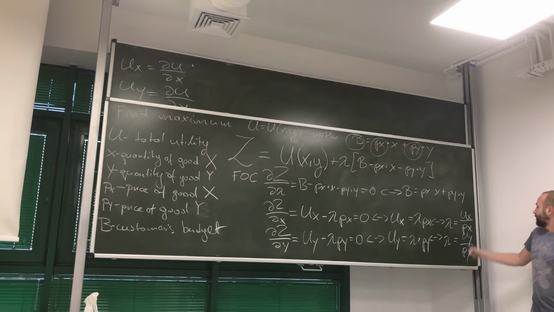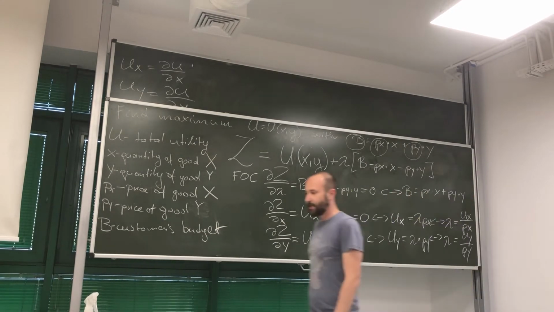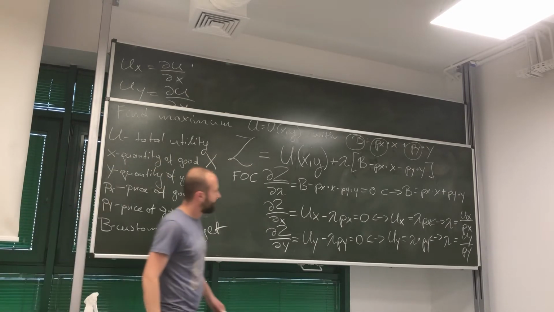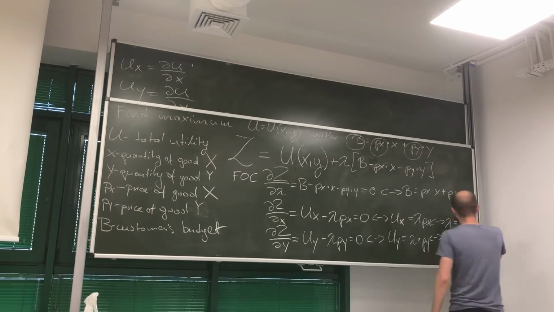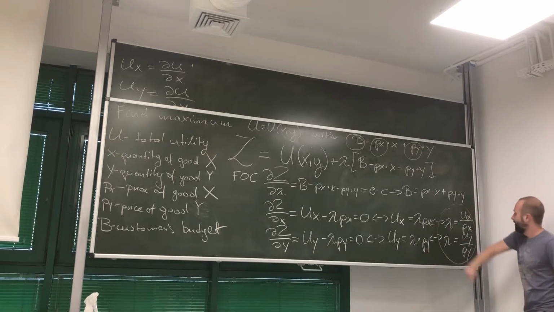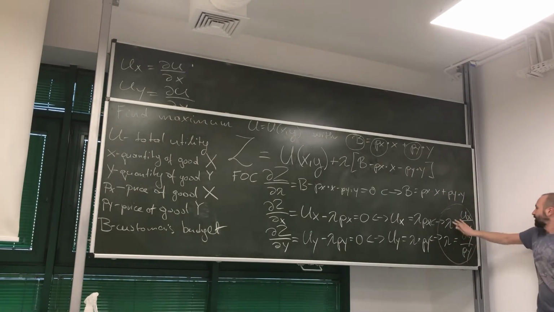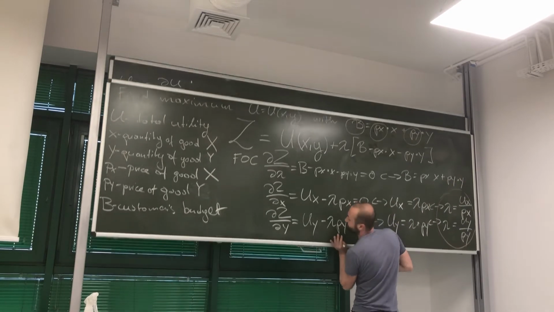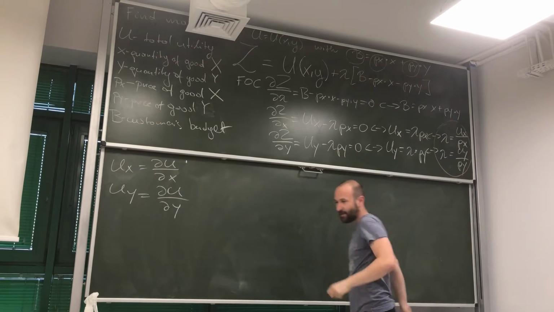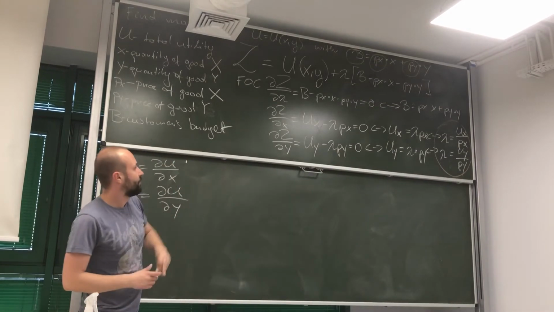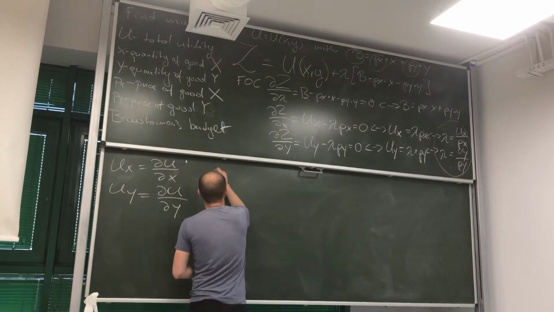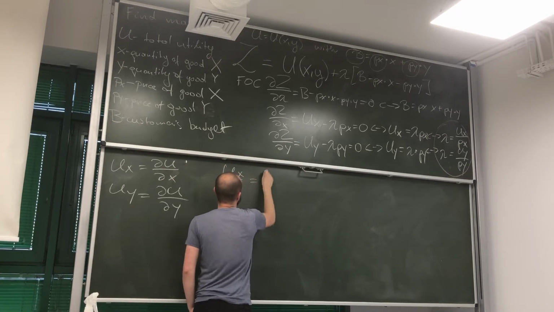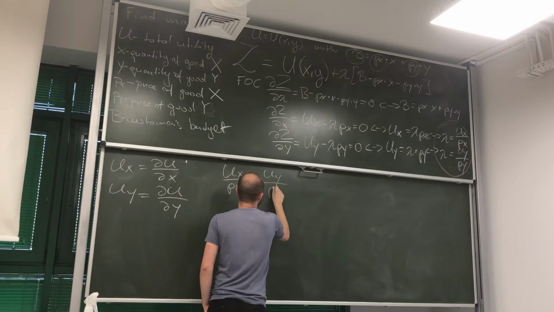Okay, and look, this result is something that we can use, right? We can compare those two because we got expression for lambda twice. So lambda equals lambda. Of course, we must get that the two are identical. So we got that this is ux over px equals to uy over py.